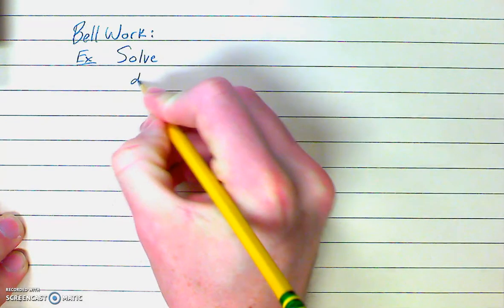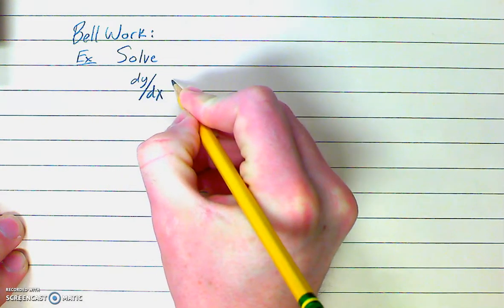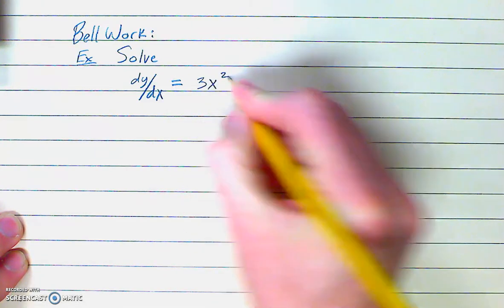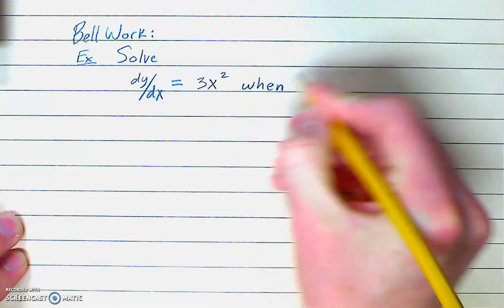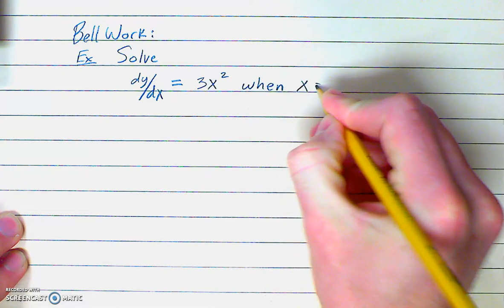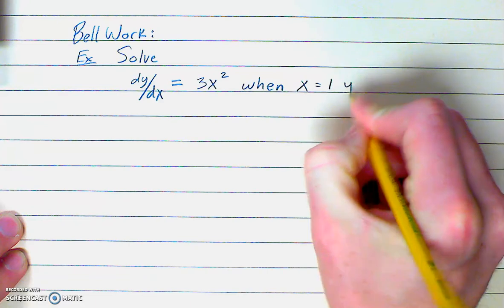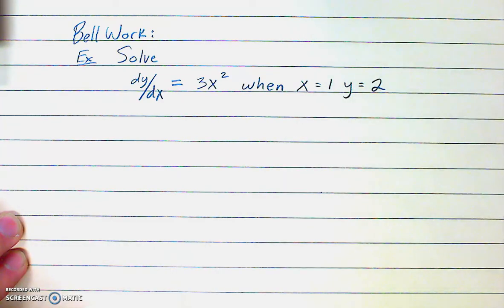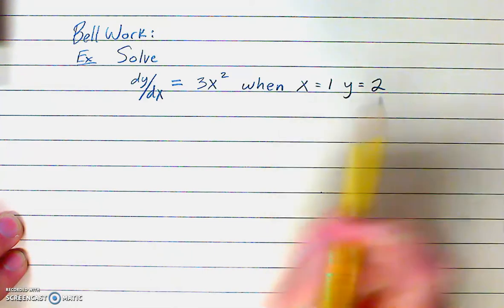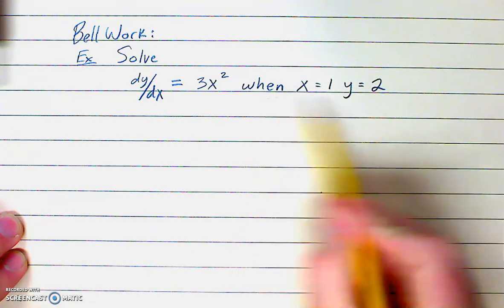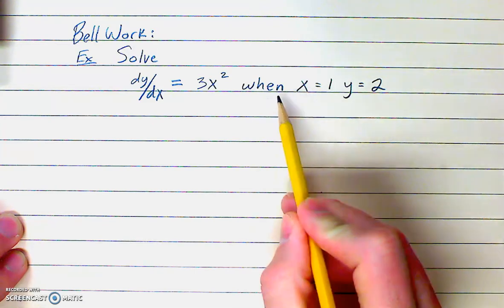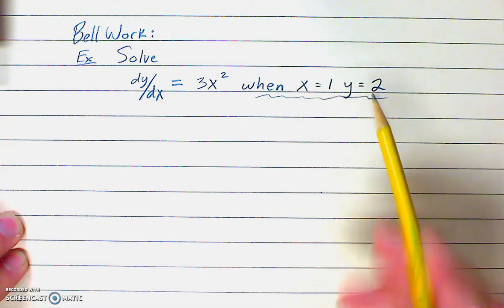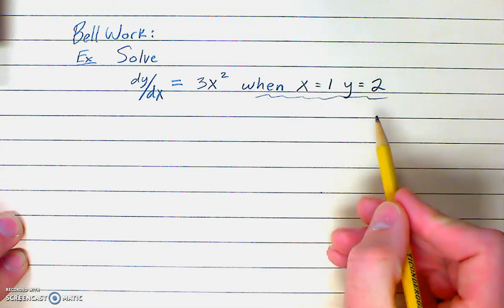So if we're going to solve dy dx equals 3x squared when x equals 1, say y equals 2. So, again, these are what we call the initial values. This is the type of problem where you're actually going to find the value of the constant.